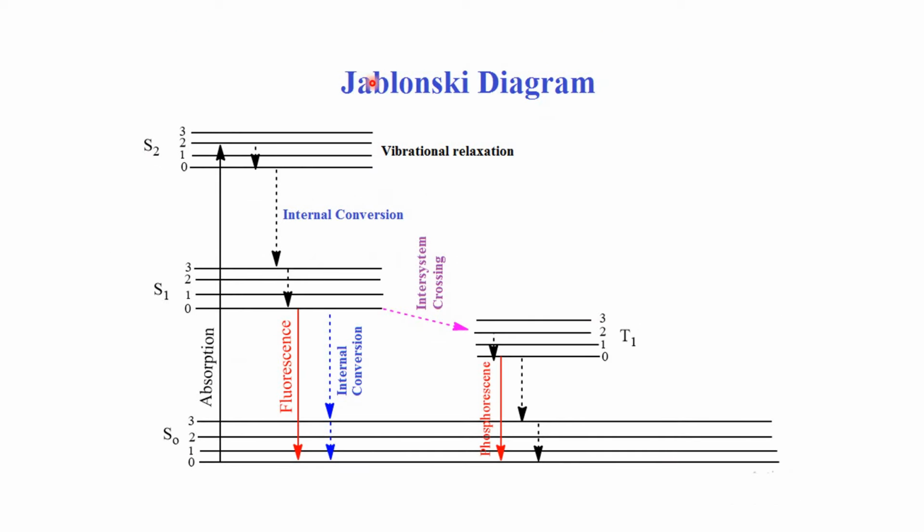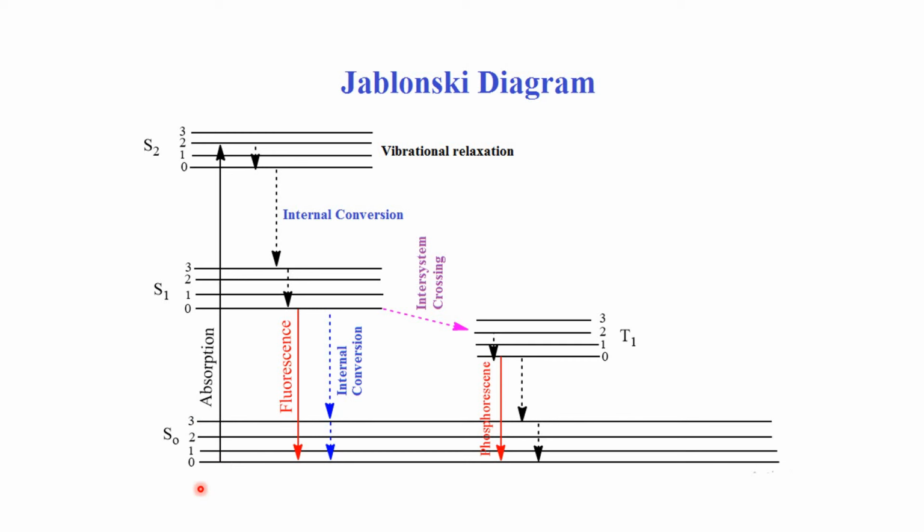Now coming to the Jablonski diagram. Through this diagram, you can clearly understand the radiative and non-radiative transitions. Now, this is S0, that means the singlet ground state. And within any electronic state, there will be vibrational energy levels. And within the vibrational energy levels, there will be rotational energy levels.